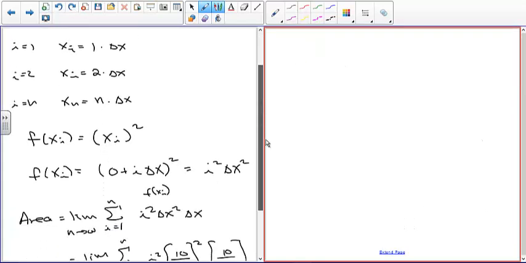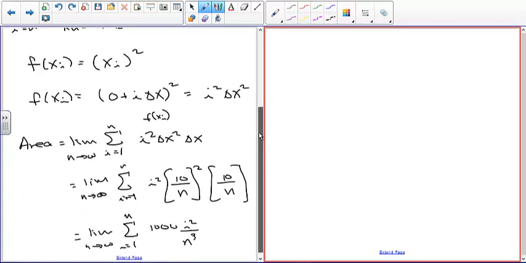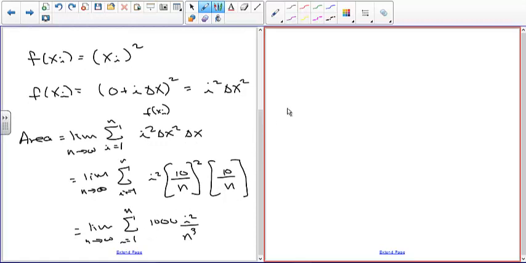Okay, then what we can do is we can pull n. n is a fixed quantity, so it's a constant. So you can take this constant and that constant, and you can take them outside of the summation sign. So you get the limit of this thing, and then times the summation from i equals 1 to infinity of i squared.